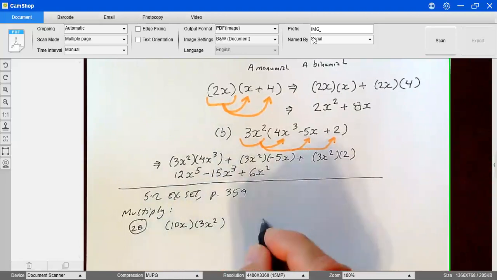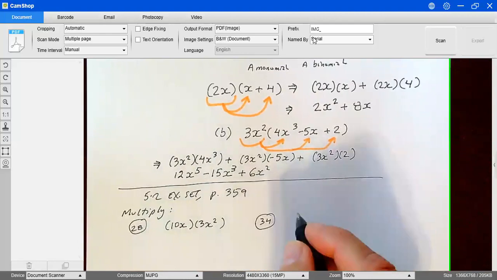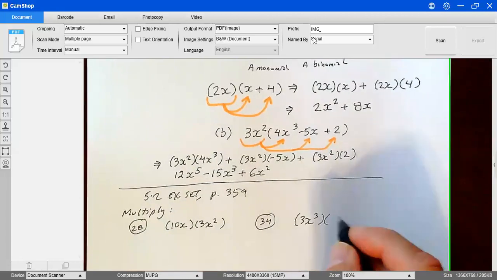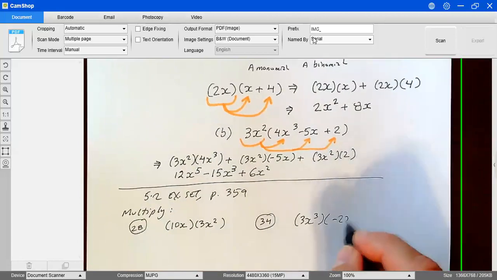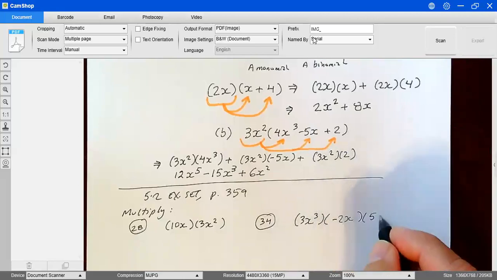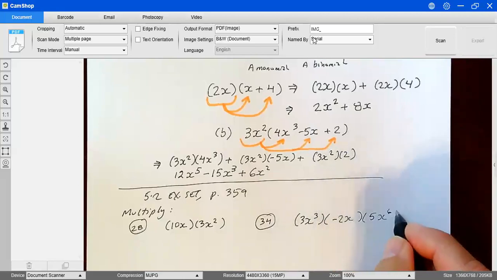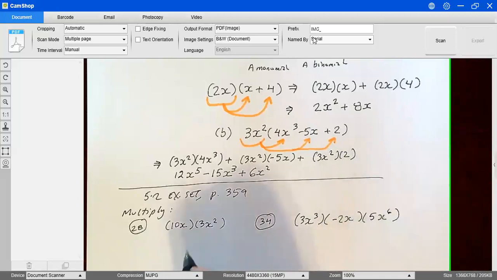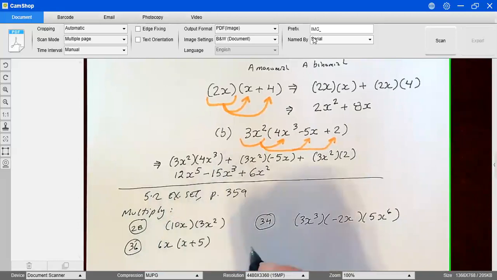And then we have 34. You're going to multiply 3x cubed and negative 2x and 5x to the 6. Then we have problem 36. You multiply 6x and x plus 5.